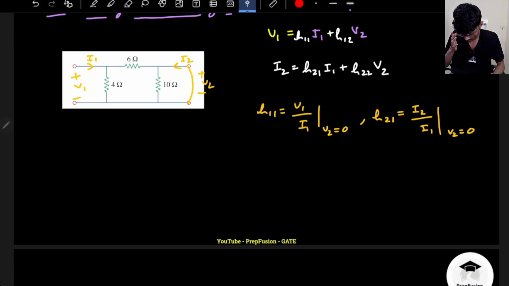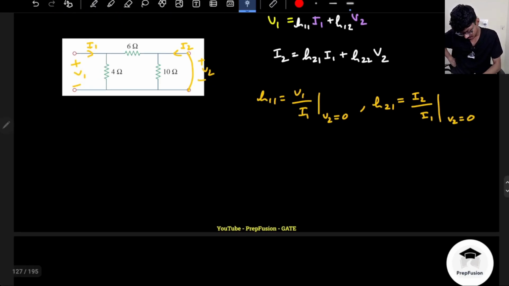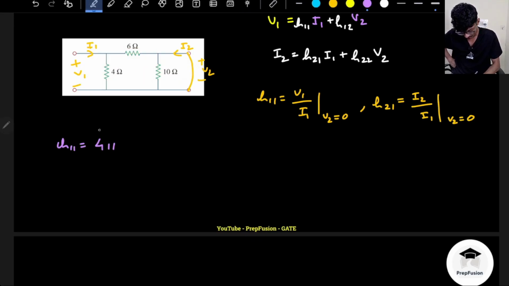V1 by I1 is basically the input impedance seen from this port, and this is short circuited, so this 10 ohm is of no use. Basically this 6 ohm and 4 ohm are in parallel. So H11 is 4 parallel 6 ohms, that is 4 into 6 divided by 10, so it will be 2.4 ohms.